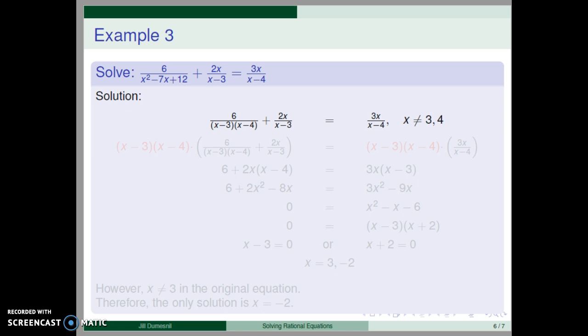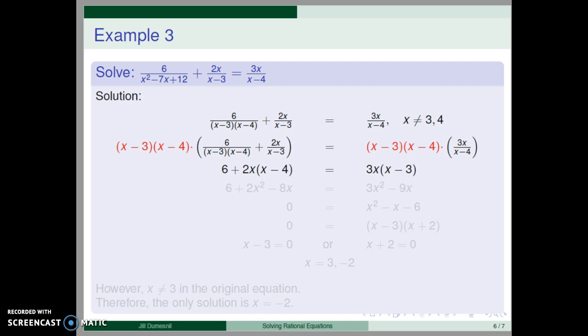We multiply both sides of the equation by the least common denominator of x minus 3 times x minus 4. Notice that distribution of this quantity clears all fractions from the equation. On the left-hand side, we get 6 plus 2x times x minus 4 after distributing.